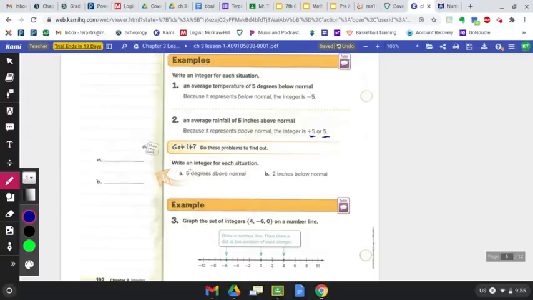So if we look here, it says write an integer for each situation. 6 degrees above normal. So above, I could say that's 6, or I could add that positive in there. 2 inches below normal, I'd have to represent that as -2.